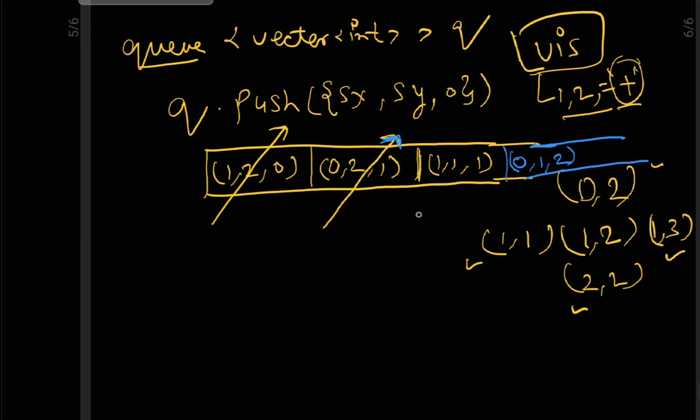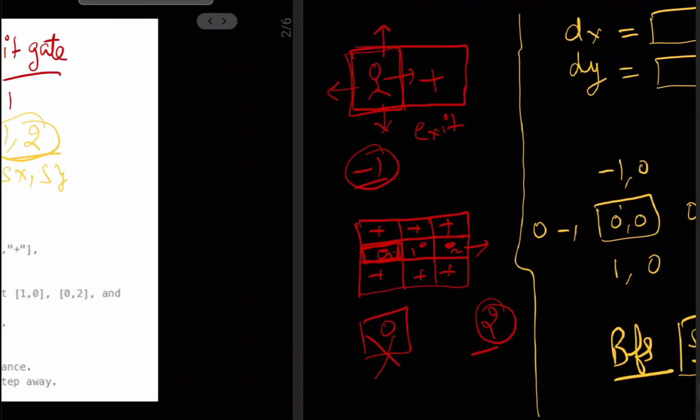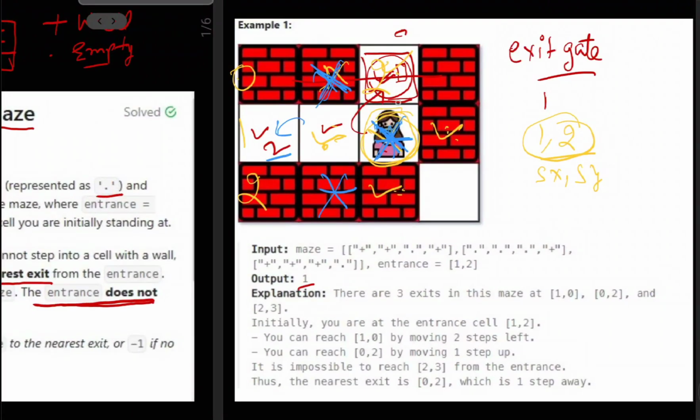Now after popping this and pushing this, where will I move? I will move to this position, 1, 1, 1. From here, this position is fulfilling all the criteria to be an exit gate.